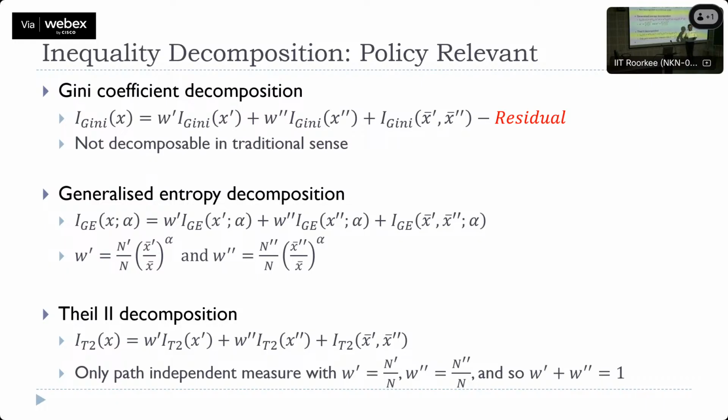So if you say my within-group inequality should not be affected by change in the average, why should it? You should use Theil L2. Theil L2 is the only measure. There is no other inclusion. It is the only relative inequality measure, the only inequality measure that satisfies this particular type of decomposition.